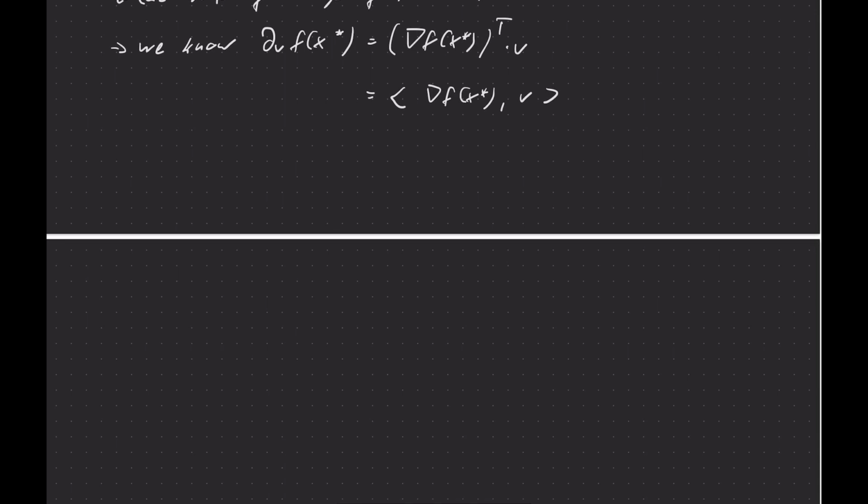Now, what do we know about scalar products? There's one thing in particular that we have made use of in the past, and that is the Cauchy-Schwarz inequality. So we know that this scalar product is less or equal to the product of the norms of the two factors. So this is less or equal to the norm of the gradient times the norm of v. And that is due to the Cauchy-Schwarz inequality.